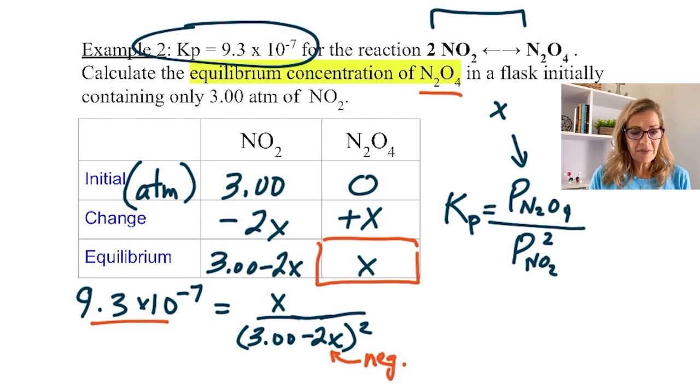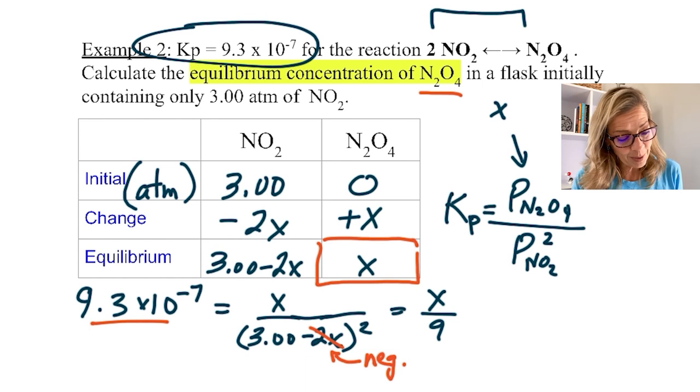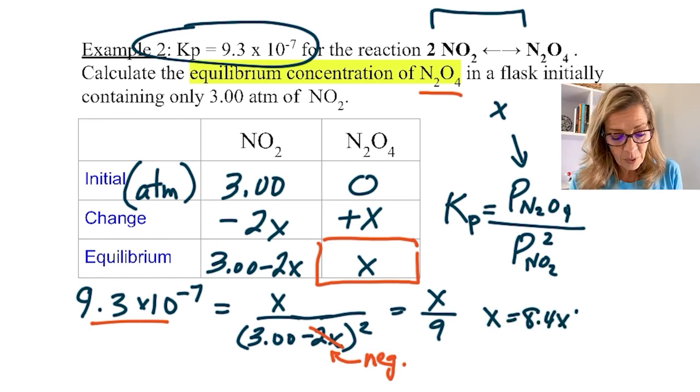And so we can assume that that little term is negligible. You can't always do that, but in this case we can. This simplifies things. So this now is equal to X over 3 squared, which is 9. And so X in this case is going to be equal to 8.4 times 10 to the minus 6 atmospheres.